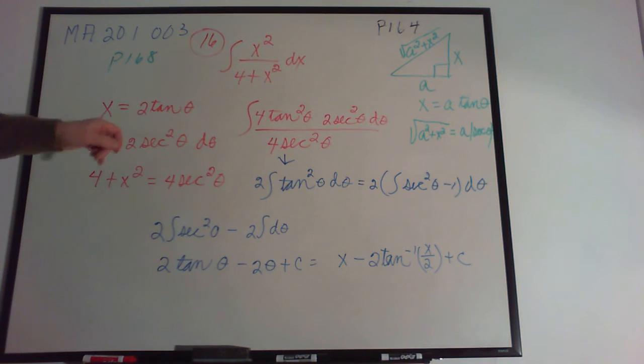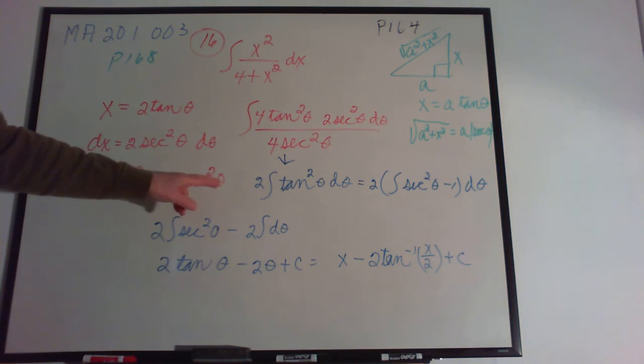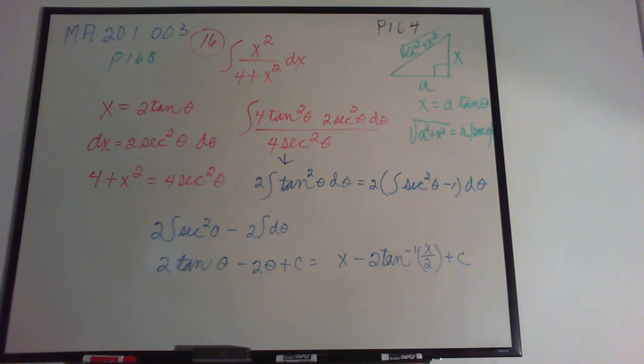So x is equal to 2 tangent theta, and dx will be equal to 2 secant squared theta d theta. 4 plus x squared is going to be equal to 4 secant squared theta.